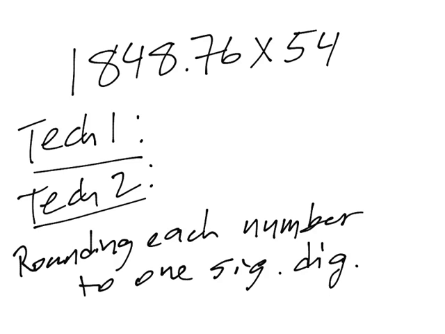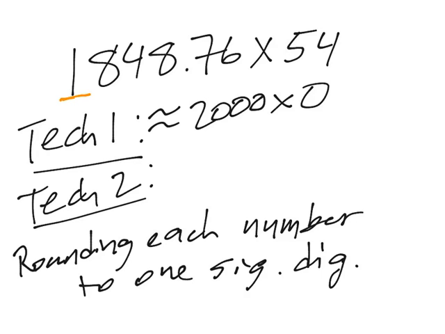Technique 1 says you're going to round each number to the largest place value of the largest number. So this is the thousands place, and 1,848.76 is going to be approximately 2,000. And then 54, the thousands place and the hundreds place both have zeros in them, so 54 is going to be approximately 0.